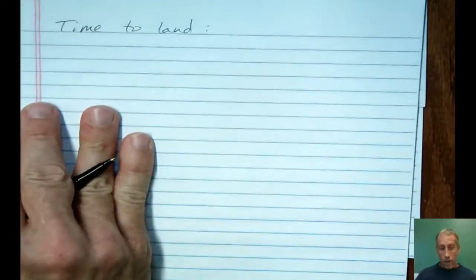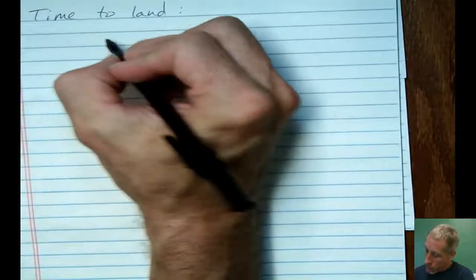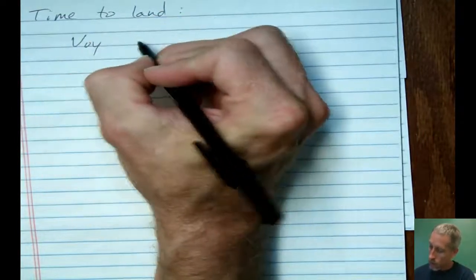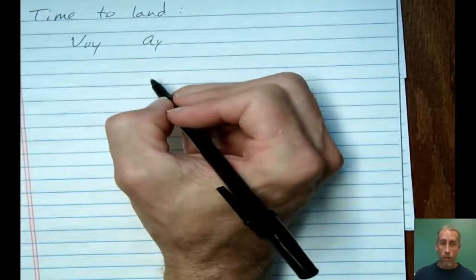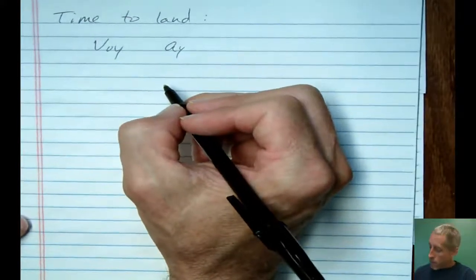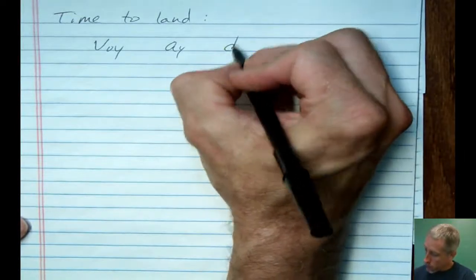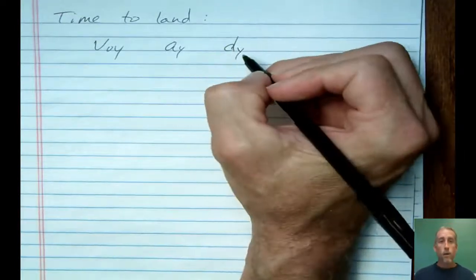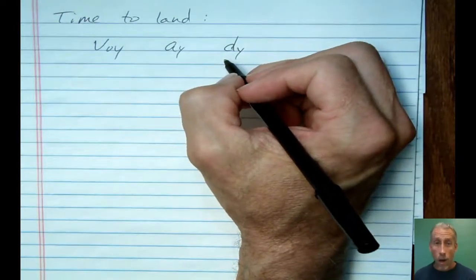The time to land, if you think about what we know, of course we still know the initial vertical velocity, v naught y. We of course know the vertical acceleration because that's gravity's acceleration. And we would know the displacement. I'm going to call that dy. Now you can use dy. In my class we sometimes use delta y.